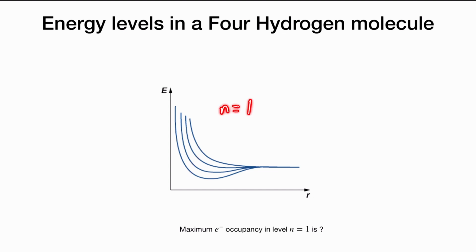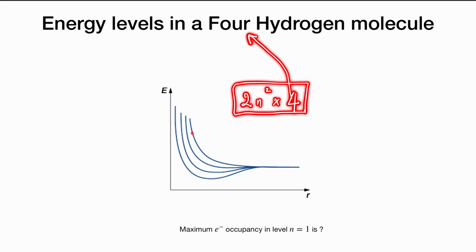But when you bring them together into a molecule or some sample, then suddenly these 4 regions are allowed for the first energy orbit. And that means there's going to be 2 states for this split, 2 states for that split, 2 states for that split, and 2 states for that split. So suddenly, this molecule in the first energy orbit can now house more than 2 electrons. Actually, it's going to house 2n squared times the number of hydrogen atoms, which in this case is 4 because we're dealing with 4 of them.